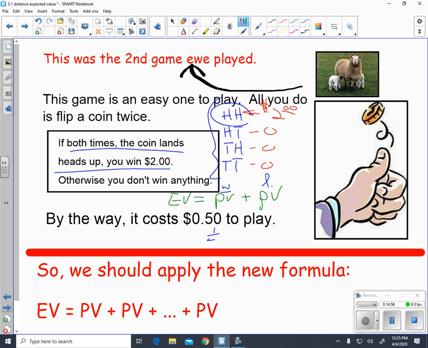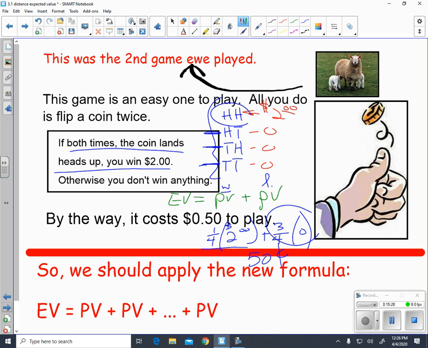So I've got a 1 out of 4 chance of winning, and a win is worth $2. And 3 out of these 4 outcomes I lose. So I've got a 3 out of 4 chance of losing and winning nothing. So if I simplify this, one fourth of $2 is 50 cents, right? And this is just 0. And so by using my formula, I get an expected value of 50 cents.